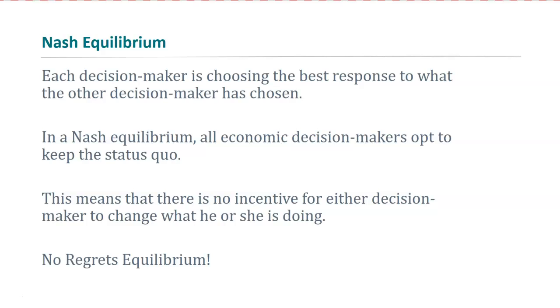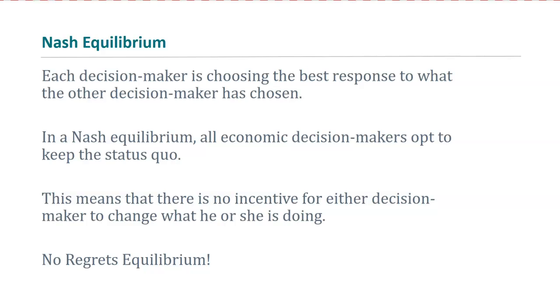And I call the Nash equilibrium the no regrets equilibrium, because it's at the end of the game, right? You've already made your choice and they've already made their choice, but now you show your cards. And once you've shown your cards, question is, do you have a regret? Now that you know what the other guy did, are you glad you did what you did?